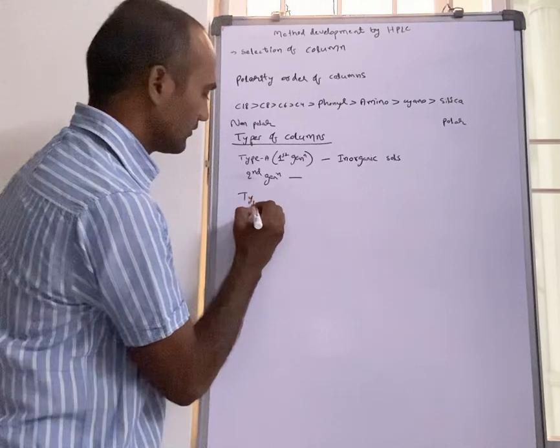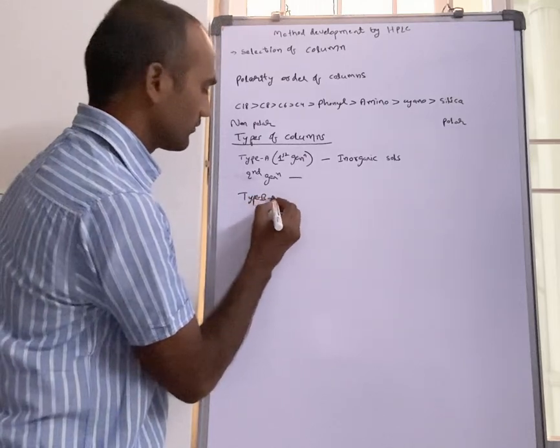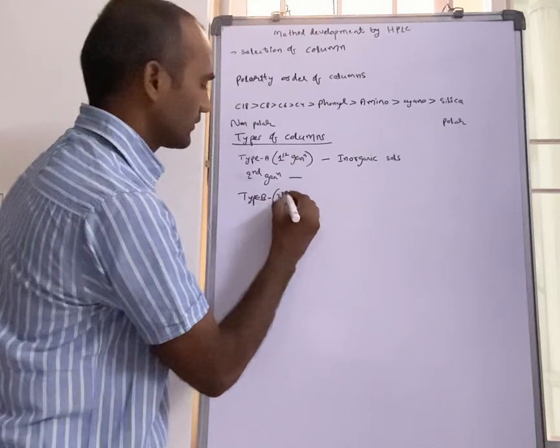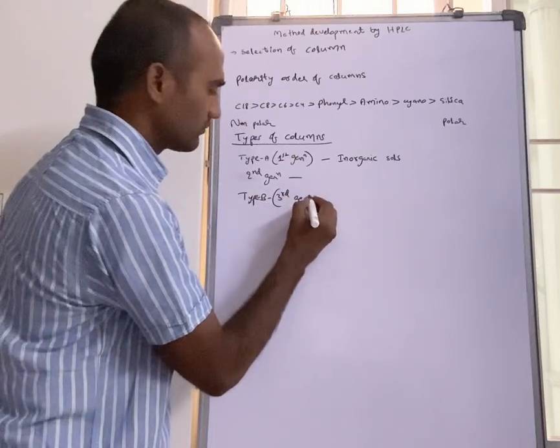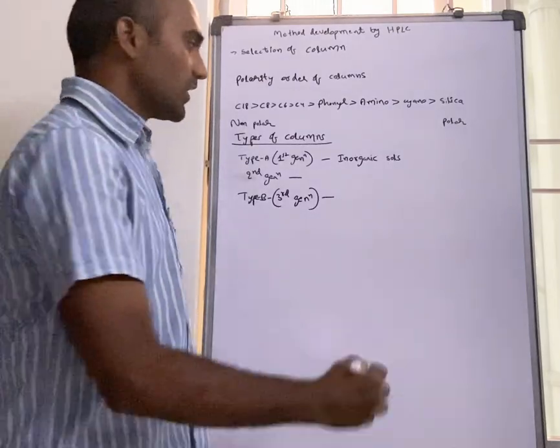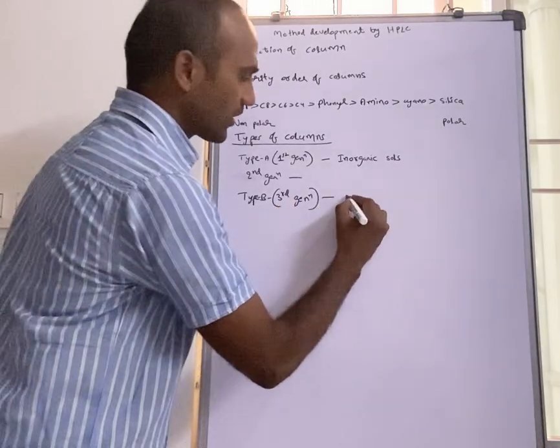And type B, third generation. Type B columns are third generation. These are synthesized from organic salts.